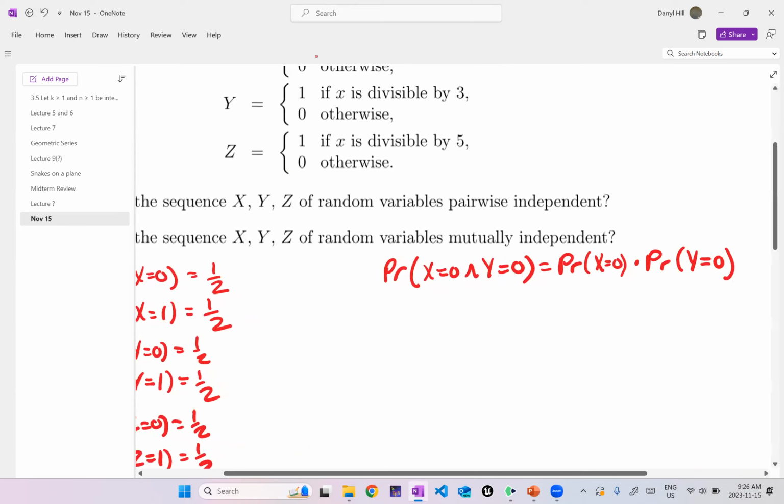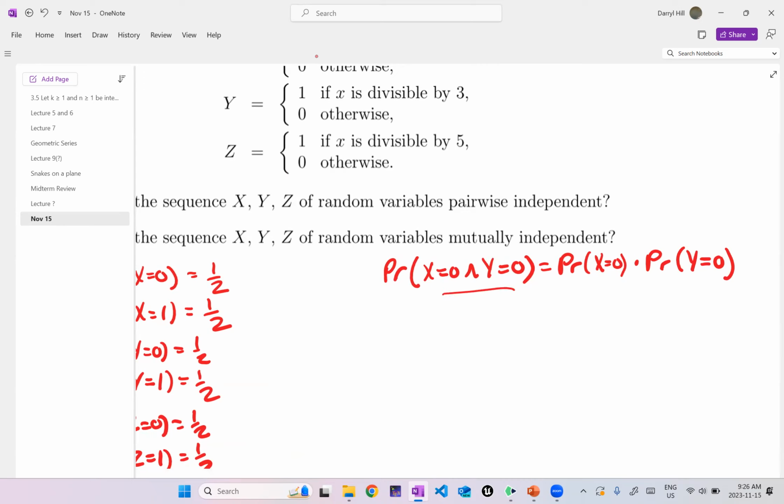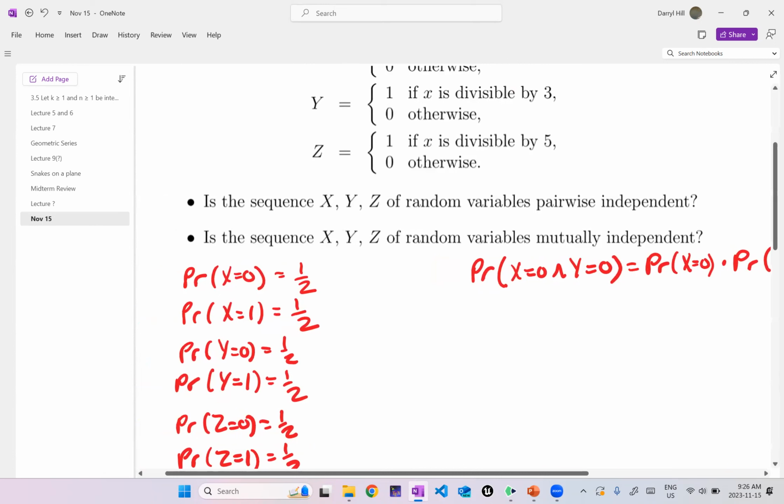All right, so we're going to take the intersection of two events on the left-hand side, and we're going to multiply their individual probabilities on the right-hand side. Luckily, we have a lot of symmetry, right? So all of the individual probabilities are 1/2.